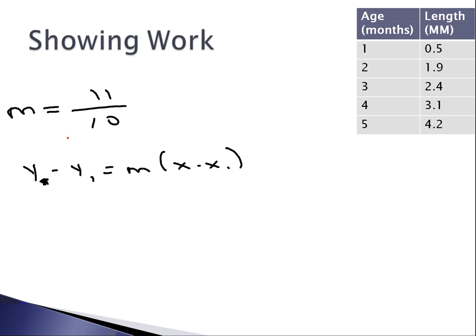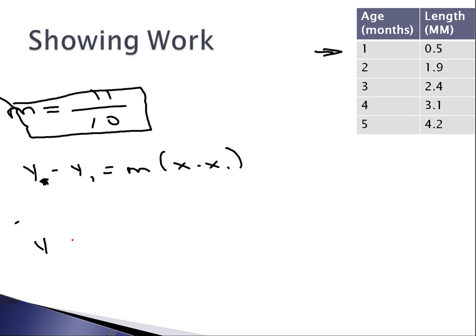Now, I know what slope is. I already found that. It was right here. The thing is, I need one x and one y from the data. Well, I've carried over this table of our data because we're going to use one of these points. Doesn't matter which one. I'm just going to use the first one just because it's listed first. So if you remember point slope form, we leave in the y and the x. That always stays in.